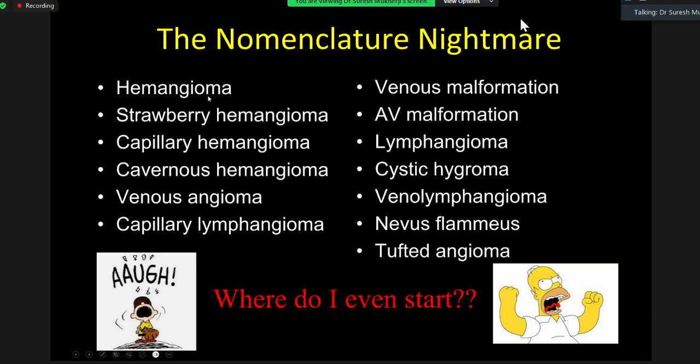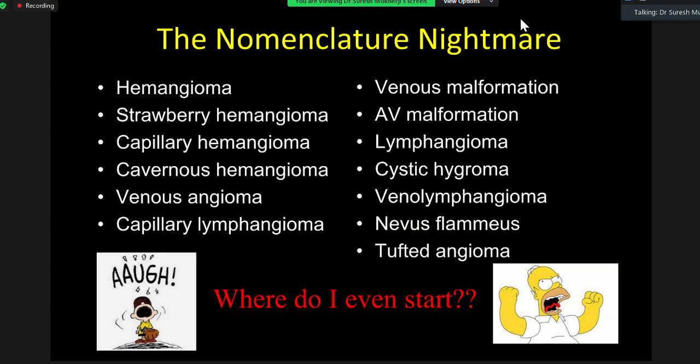You'll hear things like hemangioma, strawberry hemangioma, cavernous hemangioma, cystic hygroma, nevus flammeus, and so on and so forth. And the challenge is, where do I even start? It just gets really confusing about how to manage this.